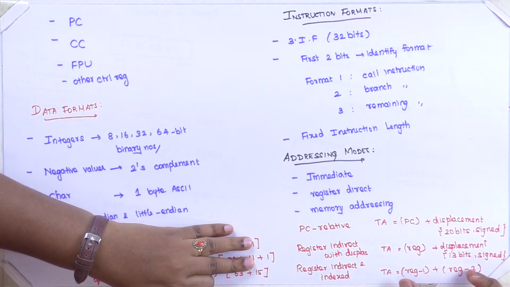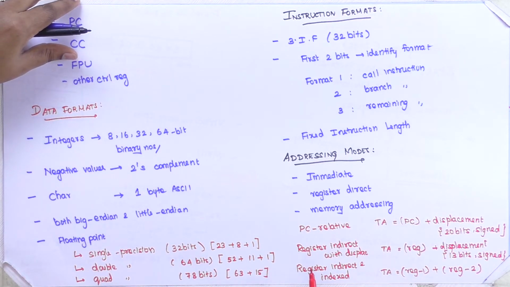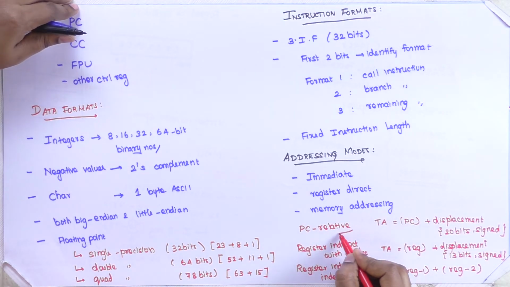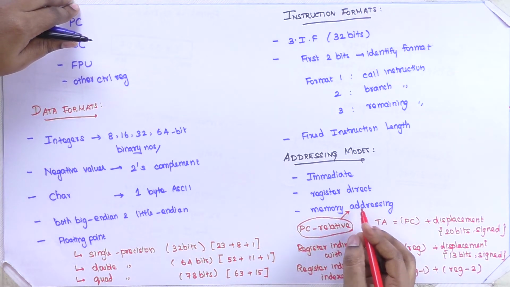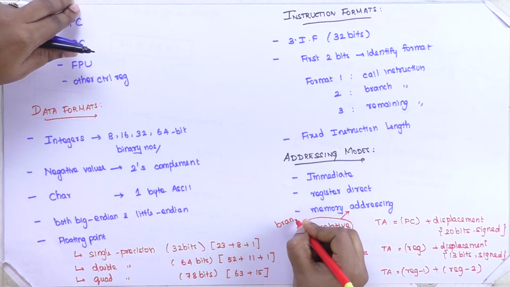The sum of both will be the target address. So these are the different addressing modes available in UltraSPARC architecture. Always, a PC relative addressing mode refers to memory addressing, and this is used for branching instructions.